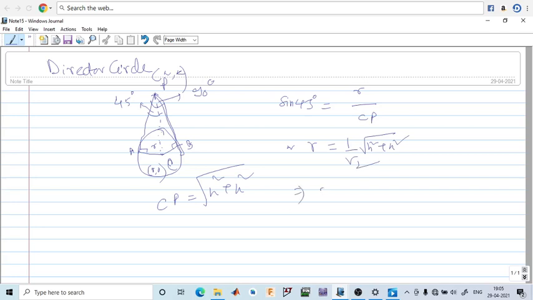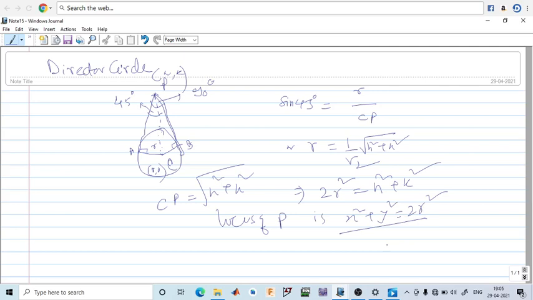If we square both sides, we will get it like this. To get the locus of P, what we normally do is change h to x and k to y. So the locus of P is x square plus y square equals 2r square, right?